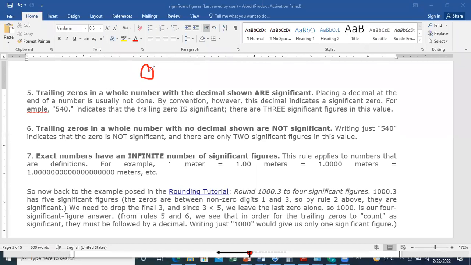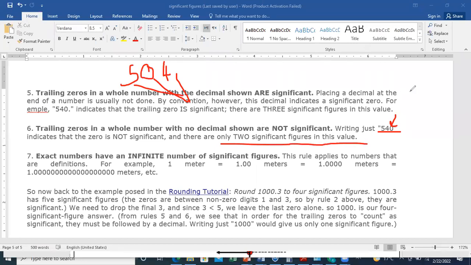So if we have 504, we count the 0 and say this is 3 significant figures. However, without the decimal point, if we just say 540, we don't count the 0 here. So in this case, 540 has only 2 significant numbers.